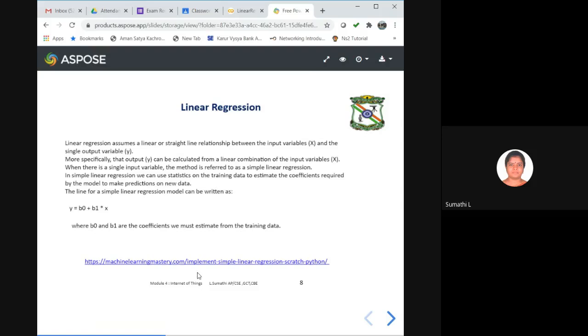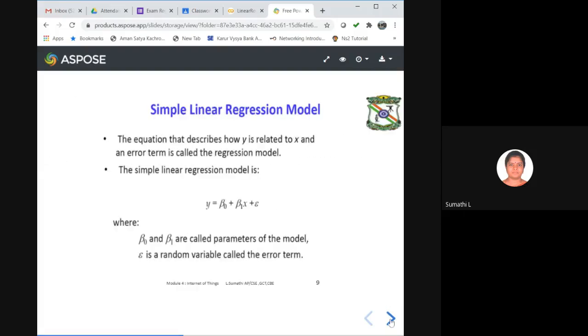So I have to find the coefficients for this b0 and b1 so that I form a proper straight line that helps me to derive my y value. Right? You can better understand this with an example.